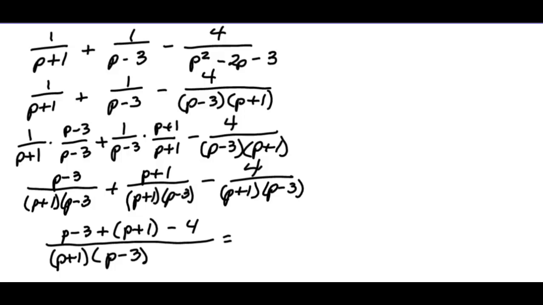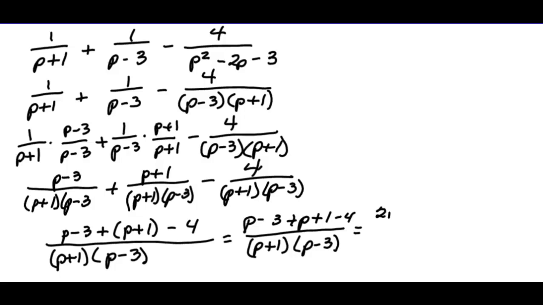That then becomes p minus 3 plus p plus 1 minus 4, again all over p plus 1 times p minus 3. Combining the like terms, p plus p is 2p. Negative 3 plus 1 makes it negative 2. Negative 2 and negative 4 makes it negative 6, over p plus 1 times p minus 3.